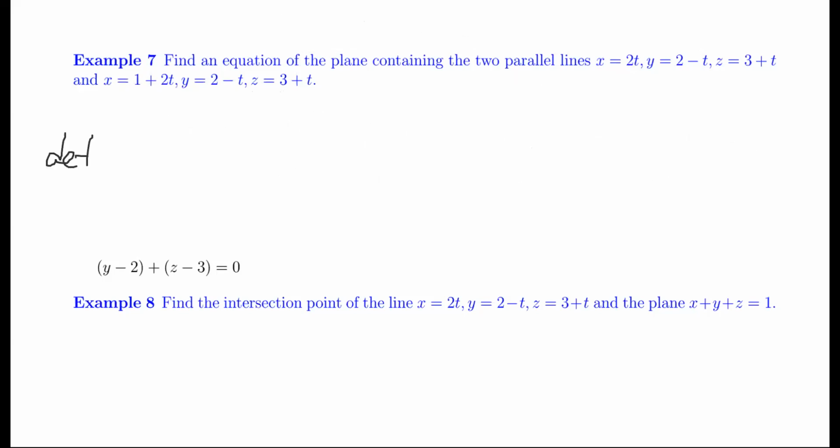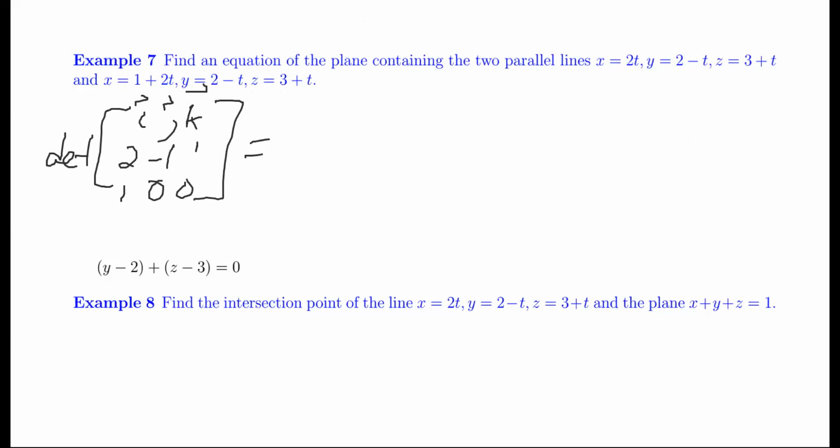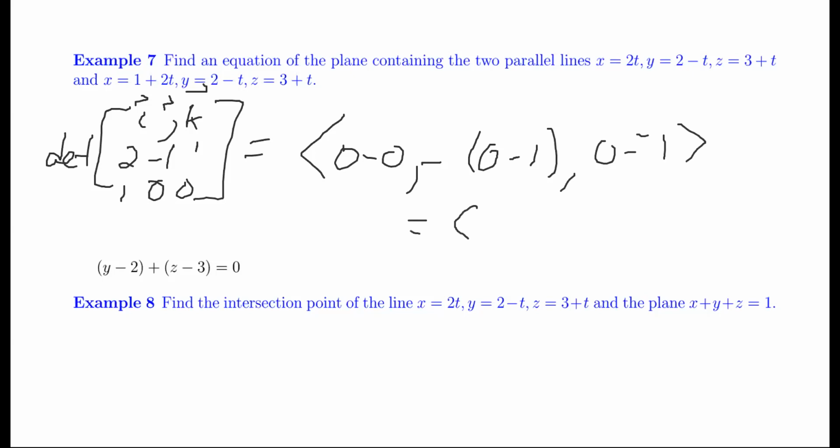So we want the determinant of i, j, k, 2, negative 1, 1, 1, 0, 0, which gives us the vector 0 minus 0, comma, negative of 0 minus 1, comma, let's see here, that would be 0 minus negative 1. Or in other words, we get 0, 1, 1.